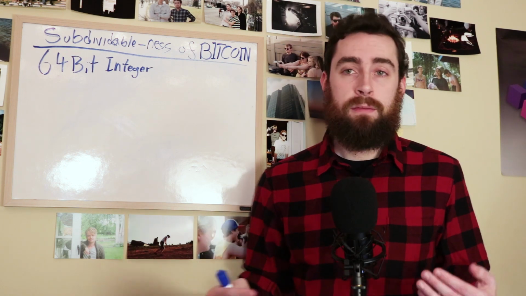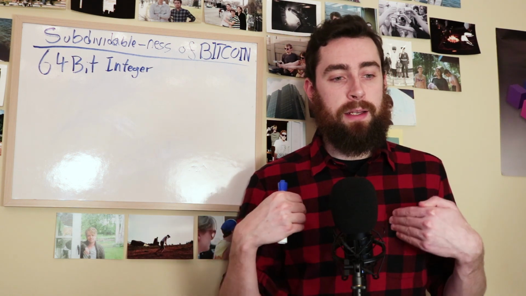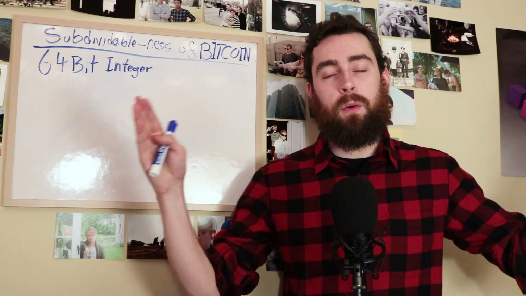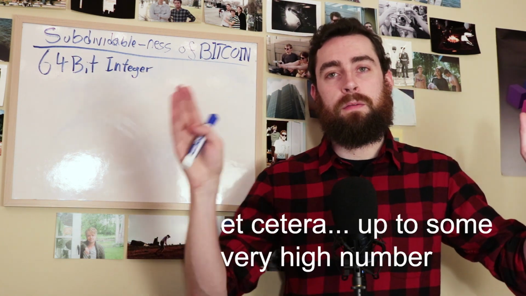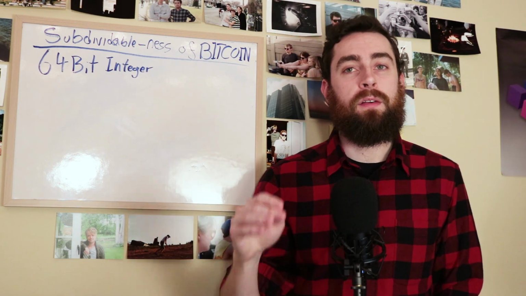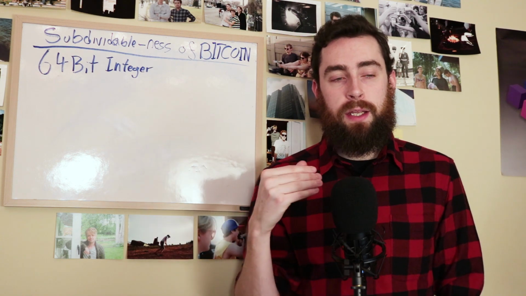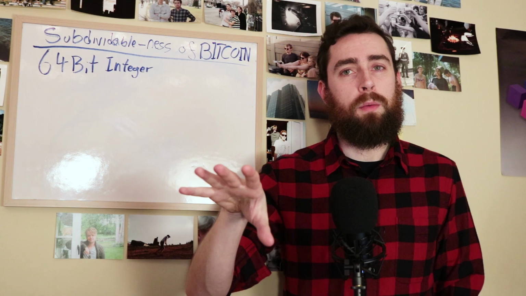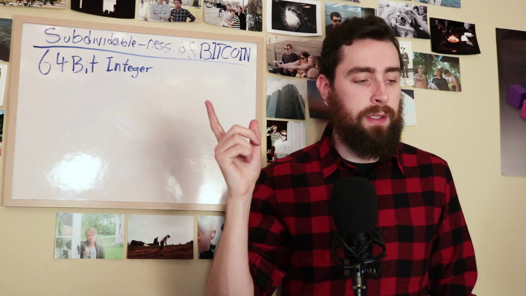Well, first of all, it's an integer, which means that it has no decimal places. It's just whole numbers. So 1, 2, 3, 4, 5. There's no 0.5s, there's no 1.5s, there's no 1.062s. And you're probably thinking, whoa, I have 1.5 Bitcoin. How is that possible? I'll get to it later.